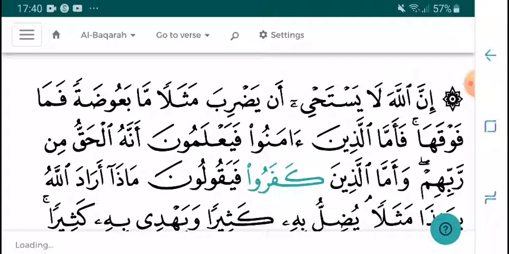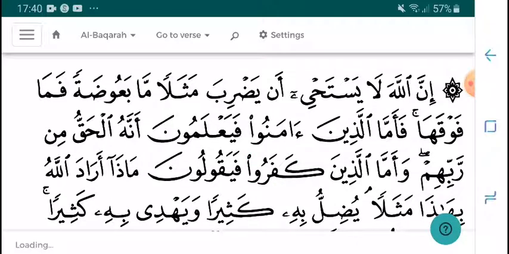Now this mathalan ma: the lan there, mathalan, you won't pronounce the un sound. You will not pronounce the tanween. It will go straight onto the meem in ma. So you'll go mathalam ma. Now there is slight ghunna there. That's the rule of idgham.